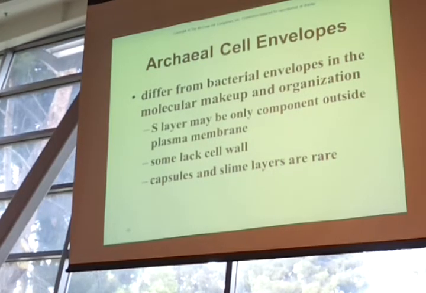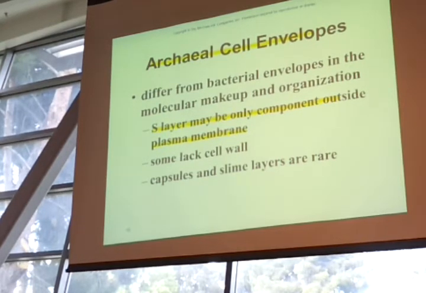So that takes care of the cell envelope for the bacterial cells. How does the archaeal cell differ? An S layer may be the only component, because it turns out that the archaea don't have a peptidoglycan layer.